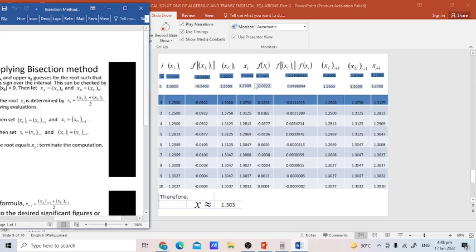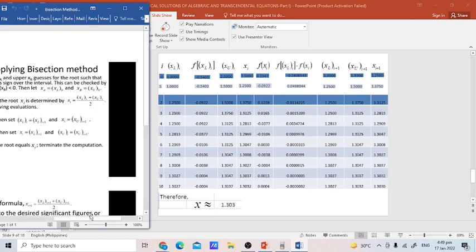So with that, the next step is to evaluate the function value at that value of x. Then we are going to get the product of f of x sub li and f of x sub i. And also x sub l i plus 1, x sub u i plus 1, then x sub i plus 1.